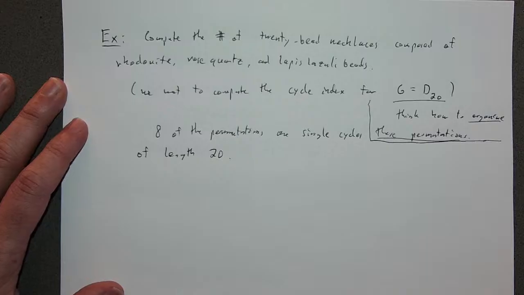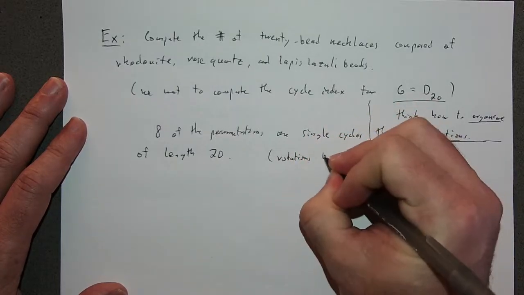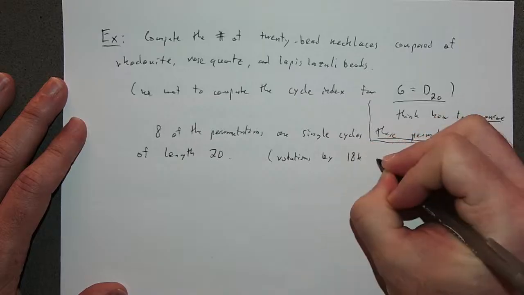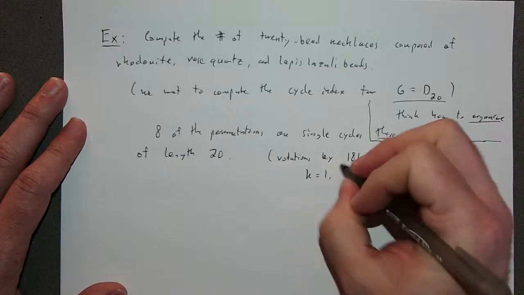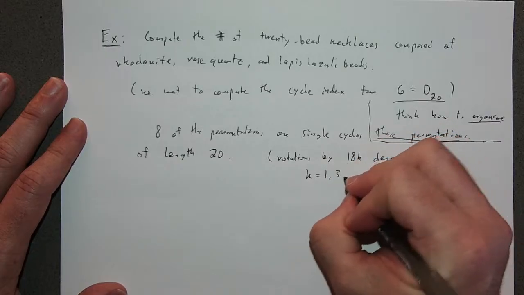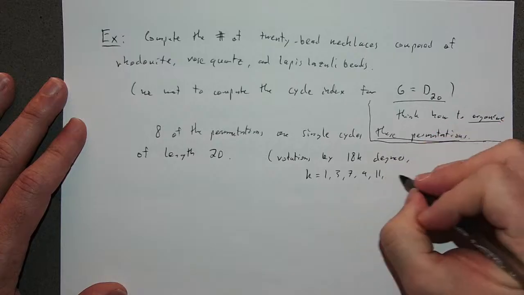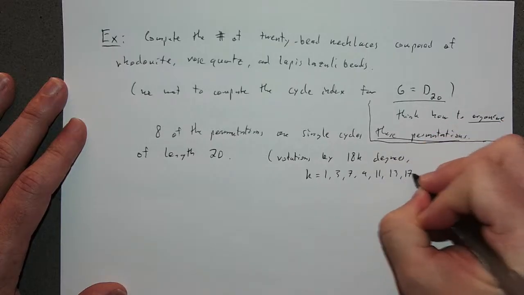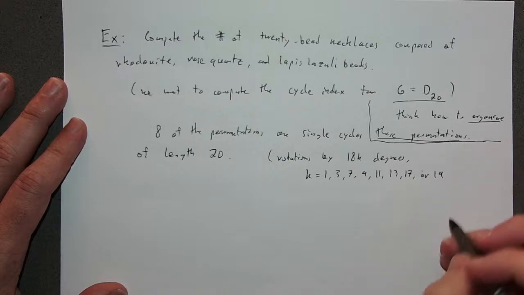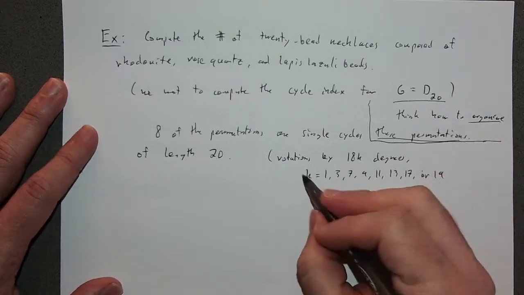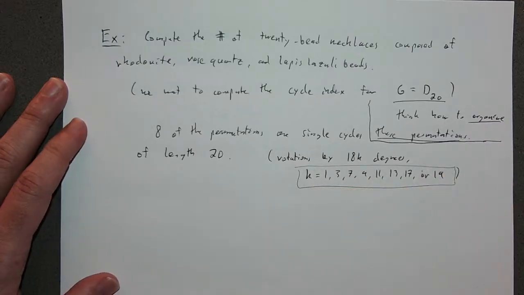These are rotations by 18 times k degrees, where k is 1, 3, 7, 9, 11, 13, 17, or 19. So these correspond to the 8.